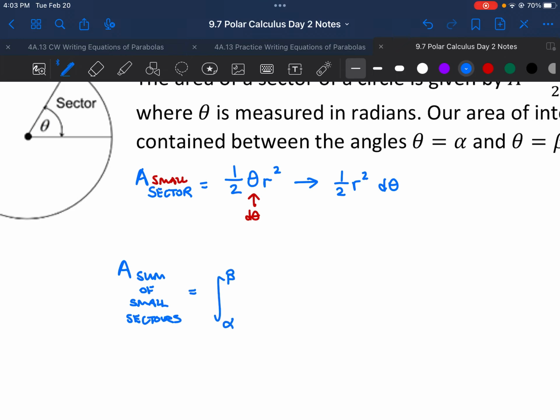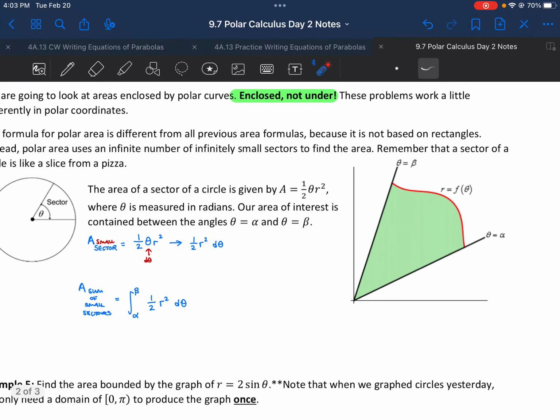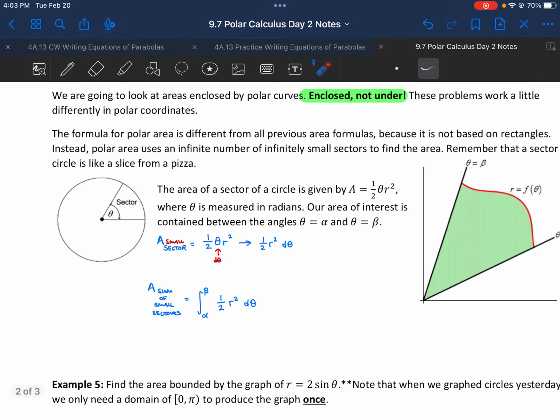So the integral from alpha to beta of 1/2 r squared d theta. Of course, the 1/2 being a constant, you could pull to the outside, which is what I'm going to do many times. Remember, r is a function of theta, d theta.